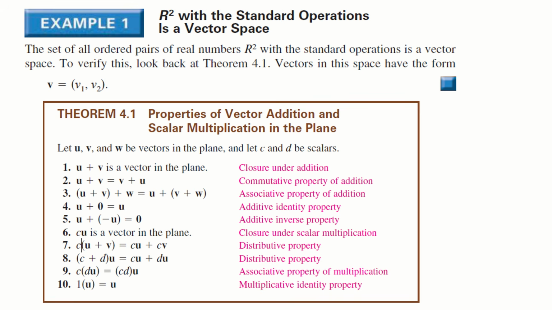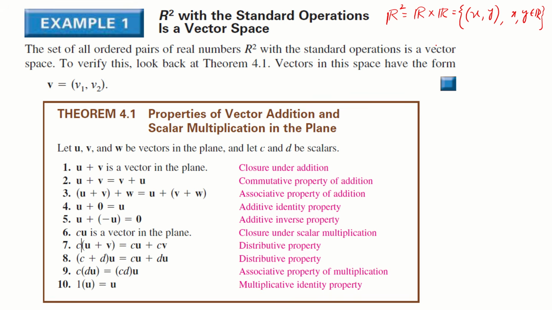So if you talk about R2, R2 basically means R cross R, which contains all ordered pairs of the form (x, y), where x and y both belong to R. And in this case, the operations are the usual operations.